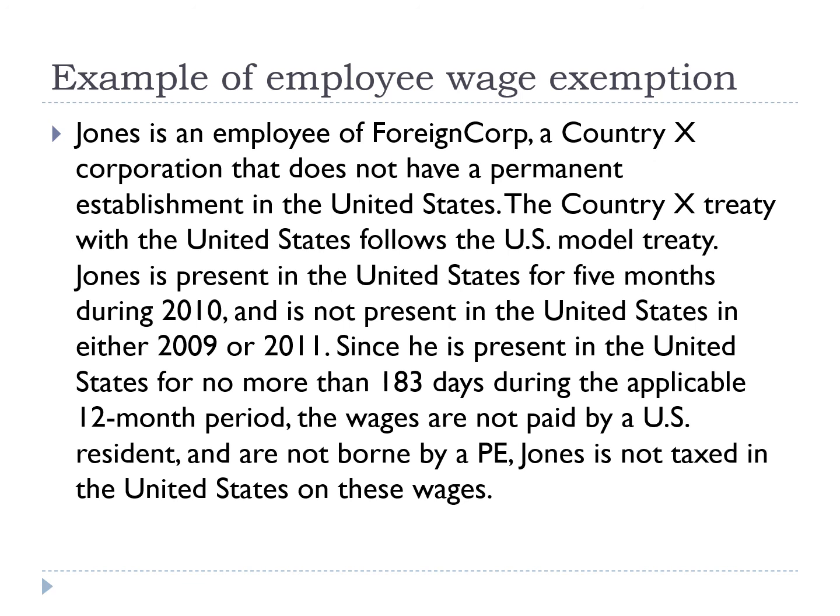Jones is present in the United States for 5 months during 2010 and is not present in the United States in either 2009 or 2011. Since he is present in the United States for no more than 183 days during the applicable 12-month period, the wages are not paid by a U.S. resident and are not borne by a permanent establishment. Jones is not taxed in the United States on these wages.